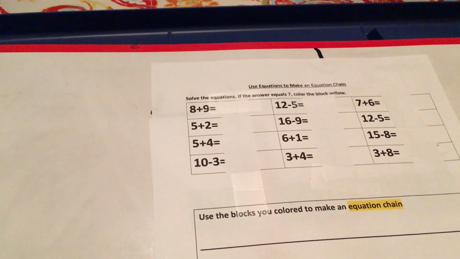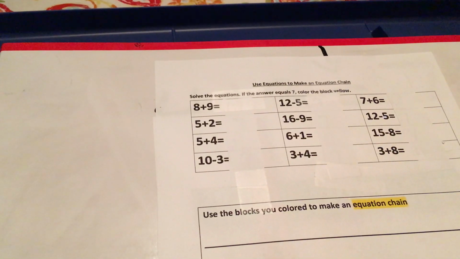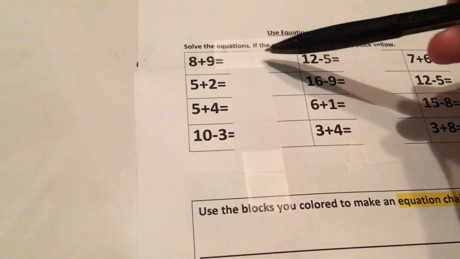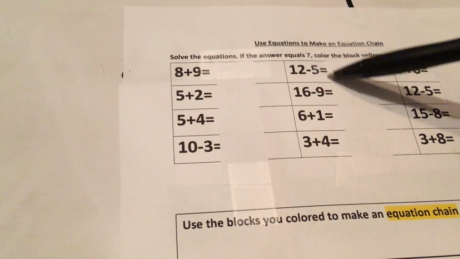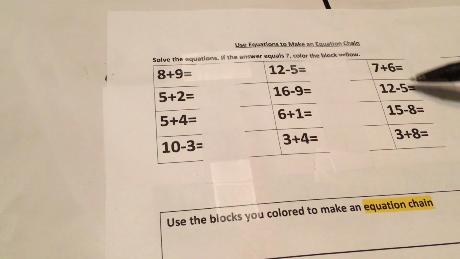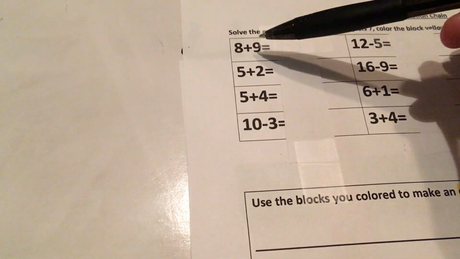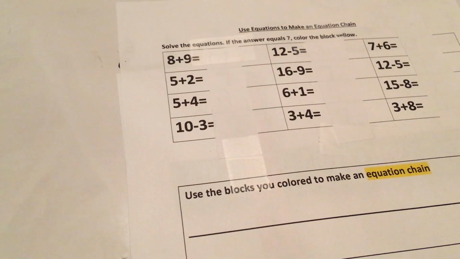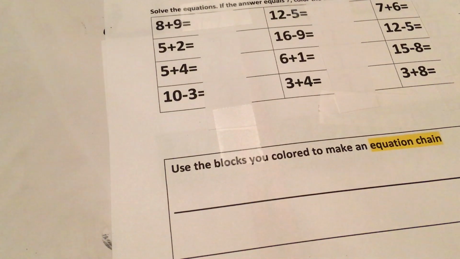Okay? So here are my equations, and you will notice that all of my equations have equal signs. So that shows that they are indeed equations because they have equal signs. So we're going to see what these equations are equal to.